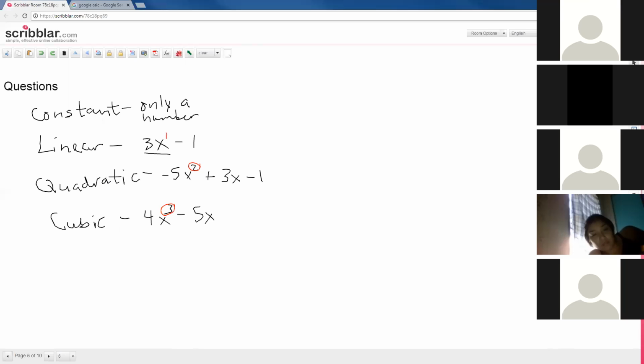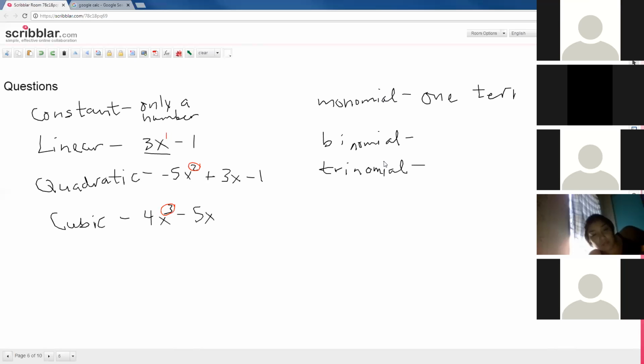So then you also name it by the number of terms. So we have monomial, binomial, and trinomial. And I think that's as high up as we go. So monomial is one term.